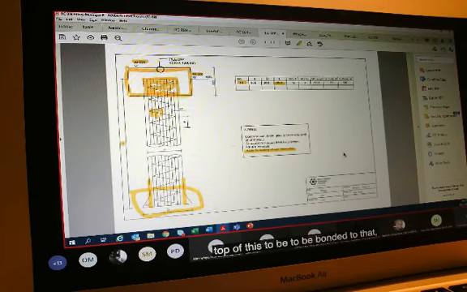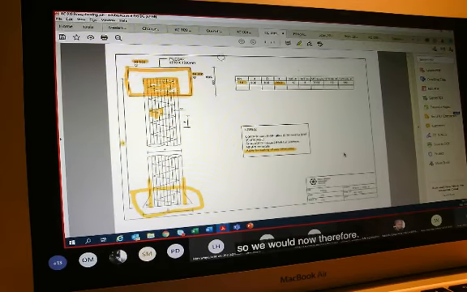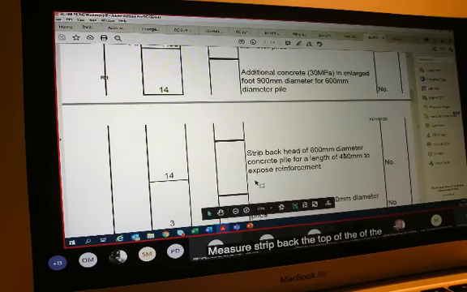We also note that the top of this pile would be smooth. Why is that? For reasons that with all the movement that takes place in the ground here, you do not want the structure on top of this to be bonded to that. You want the movement there so that the structure on top can actually move or remain stable when everything below moves.